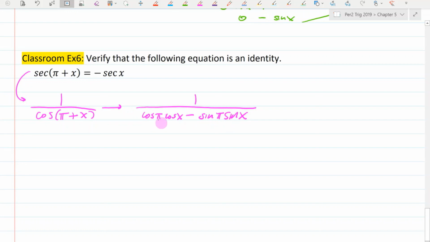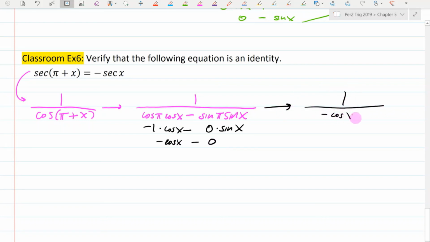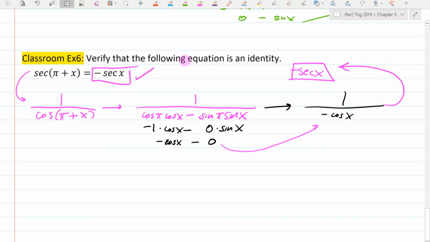All right, cosine of pi, that's at 180, is equal to negative 1. Sine at 180 is 0. So this is equal to negative cosine x minus 0. So if I go this way, this is equal to negative cosine x from here. And that's equal to negative secant x, which is what we need it to equal on this side.